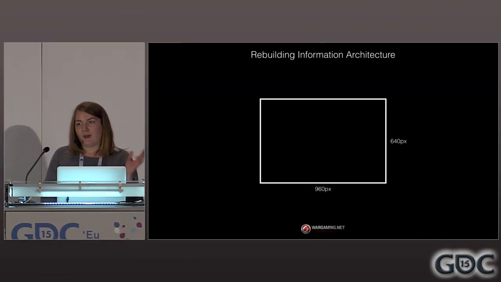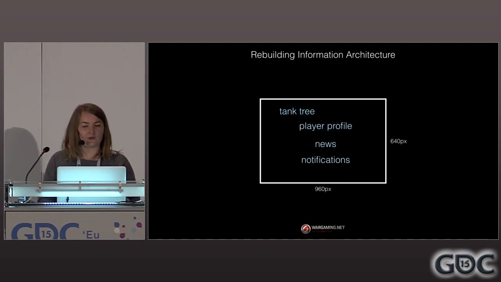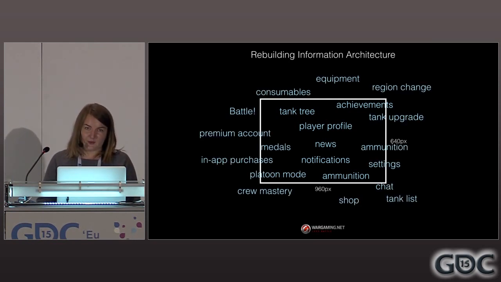In this case, we were rebuilding the information architecture. So we've started with iPhone 4, and our game designers wanted us to fit in tank tree, player profile, news, notifications, ammunition, achievements, battle, and all this other stuff that would not simply fit in an iPhone 4.